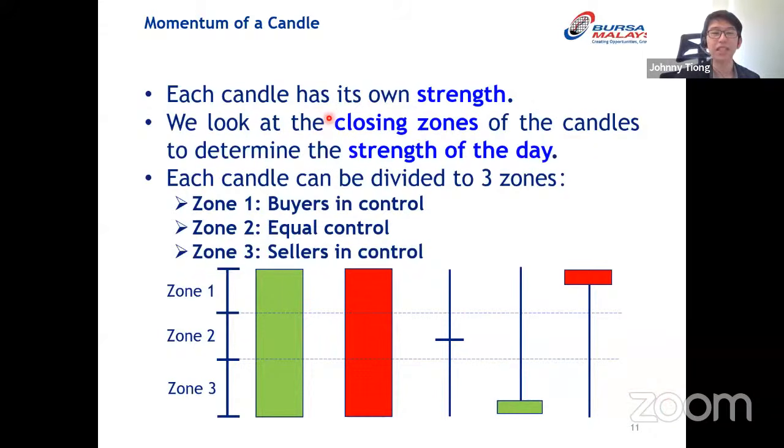We look at the closing zones of the candles to determine the strength of the day. Remember, if it's a bullish candle, the closing is above the opening. When it's a bearish candle, the closing is below the opening. I'm going to give some examples in the next slide.